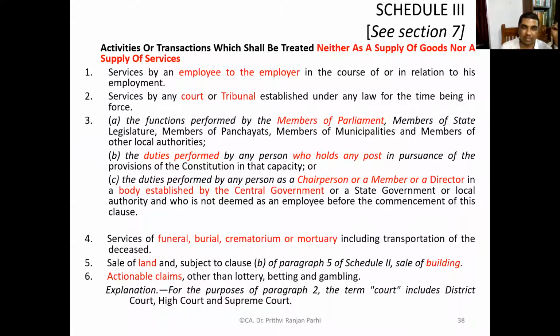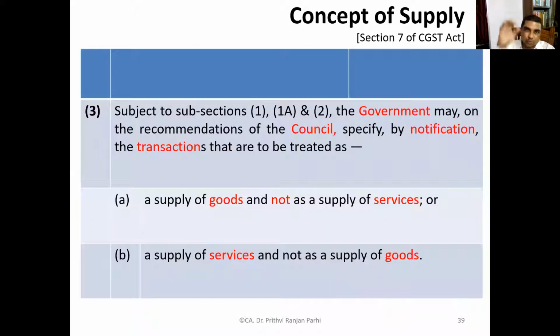But normal sale of land will not be covered. That is neither supply of goods nor supply of services. Actionable claims other than lottery, betting, and gambling are also neither supply of goods nor supply of services. So these are the items contained in Schedule 3, which shows that there might be certain situations or activities which are neither supply of goods nor supply of services.